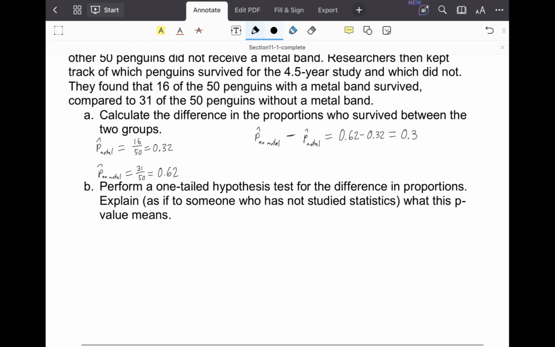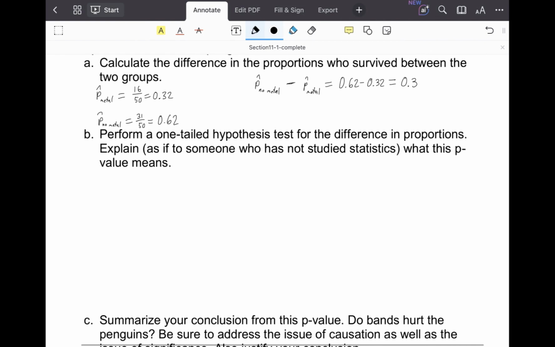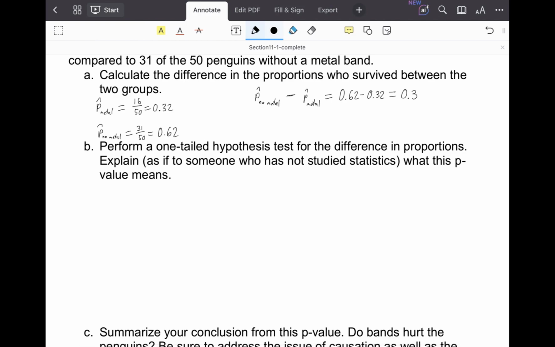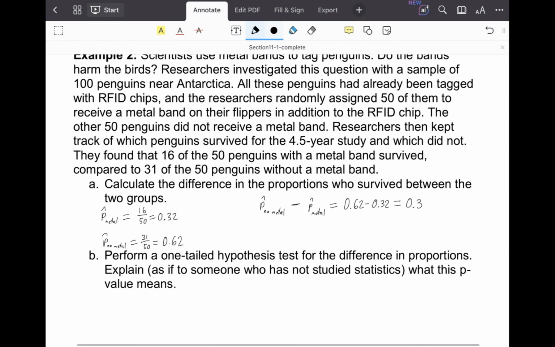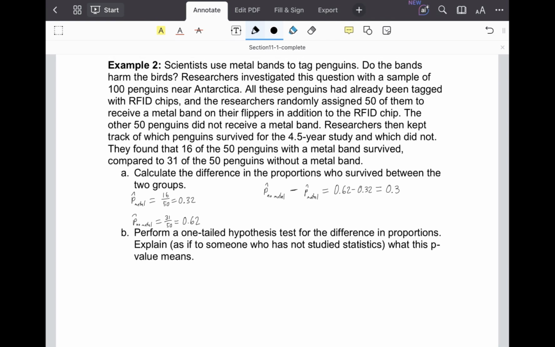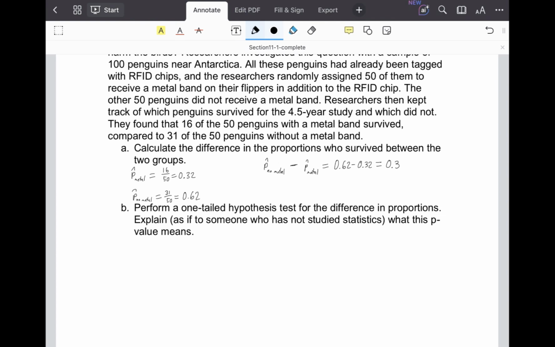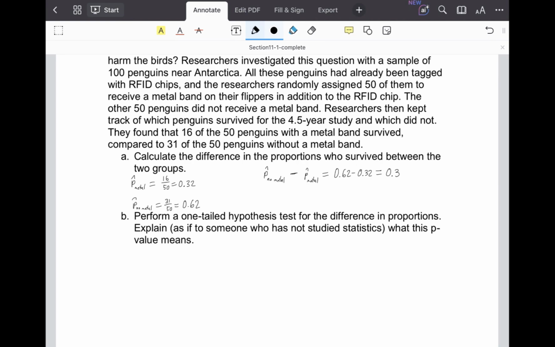Okay, now it says perform a one-tailed hypothesis test for the difference of proportions and explain as if someone has not studied statistics what the p-value means. Okay, so the conditions, we'll just assume that they're met. It says random assignment, so we'll assume that the penguins were chosen at random, and then they were also assigned at random.